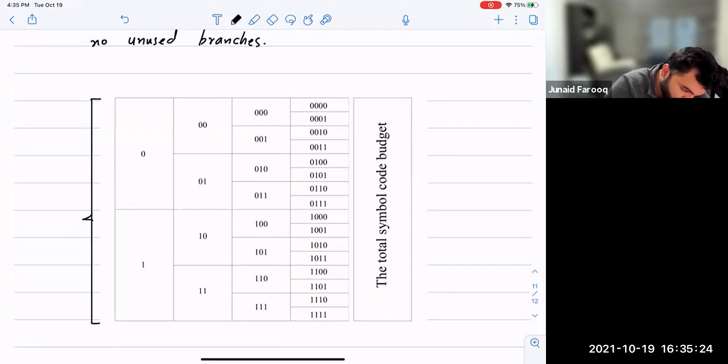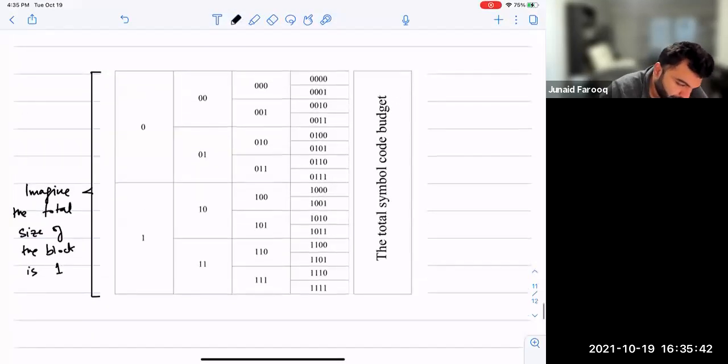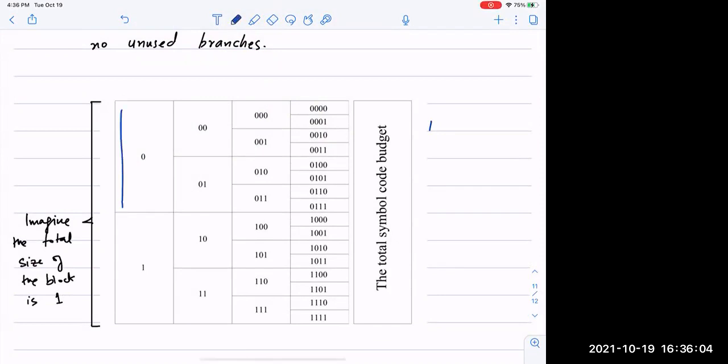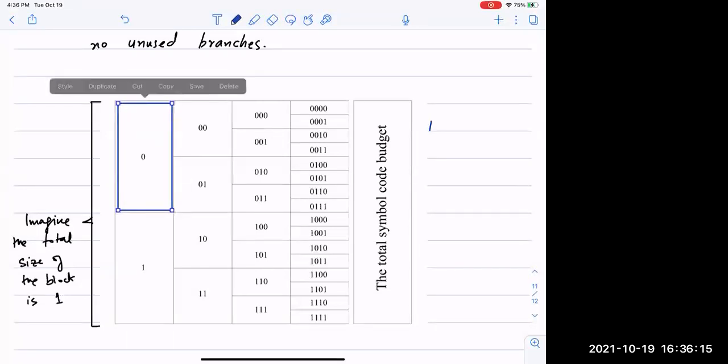So if you have a code word 0, that's going to occupy this much space.